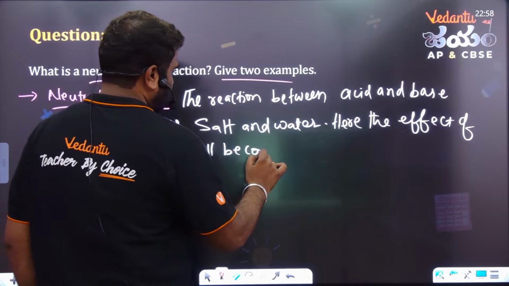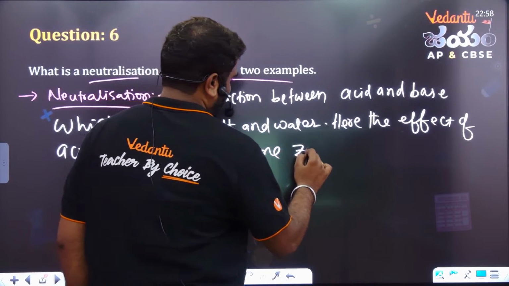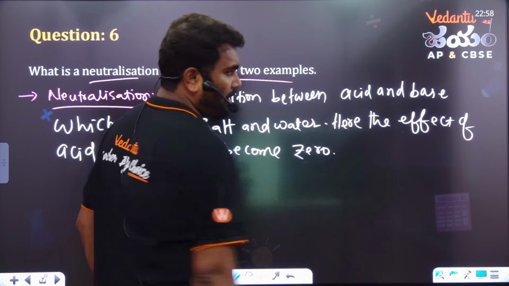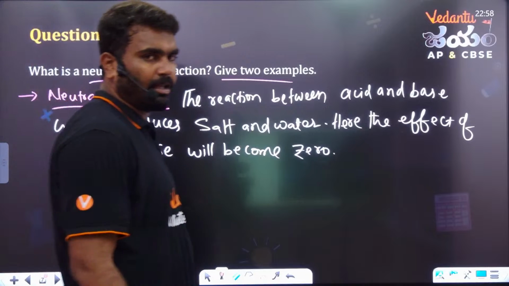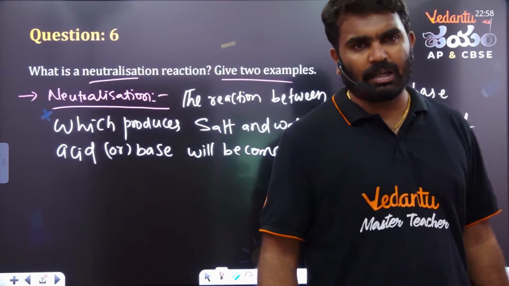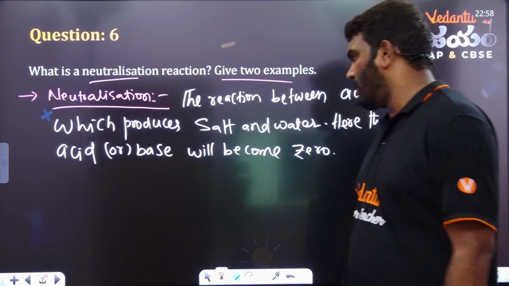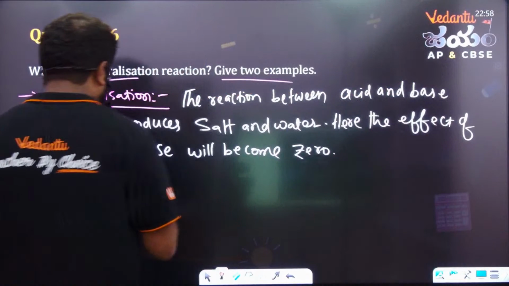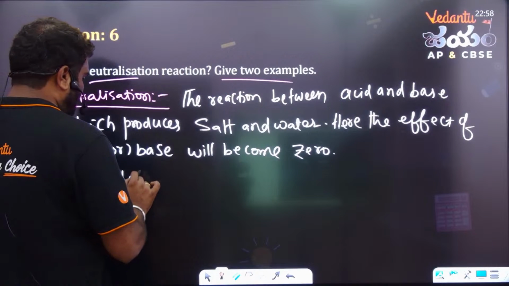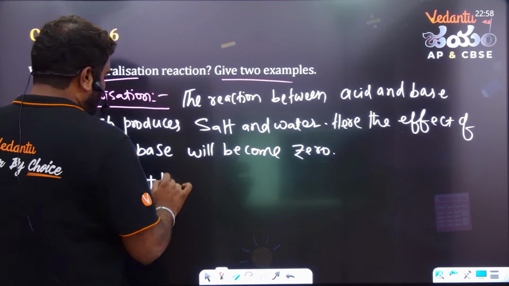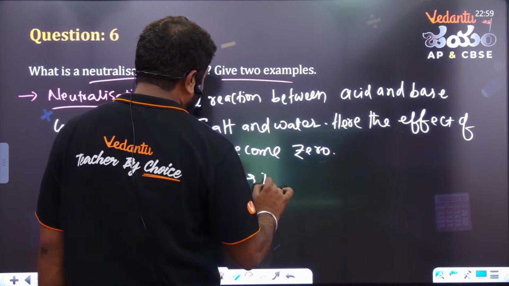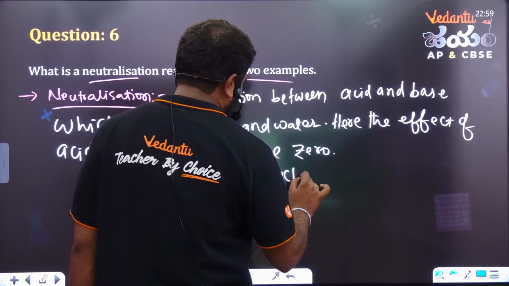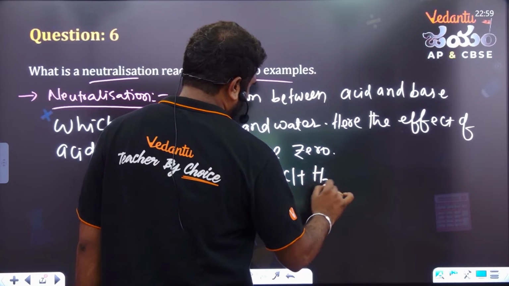So the effect of the base becomes zero because of the acid, and the effect of the acid becomes zero because of the base, and that can be vice versa. So what are the two equations we can take here? Here I am taking hydrochloric acid with what, beta? Sodium hydroxide. So what are we getting? Sodium chloride and water.